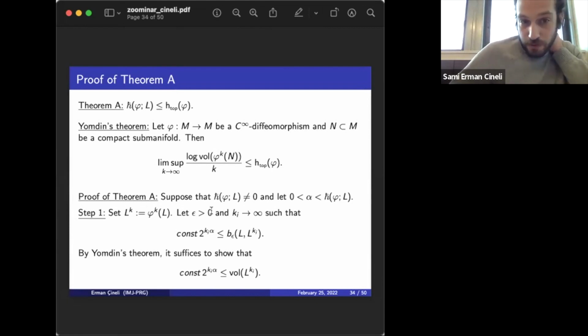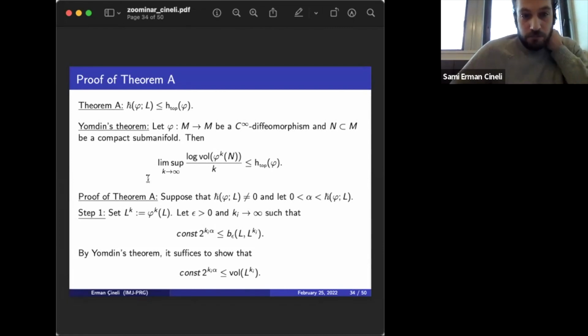And we choose an epsilon and a sequence k_i going to infinity such that B epsilon of L comma L to the k_i is bounded from below by some constant times 2 to the k_i alpha. Such an epsilon and k_i exist because alpha is chosen so that it's less than the entropy.